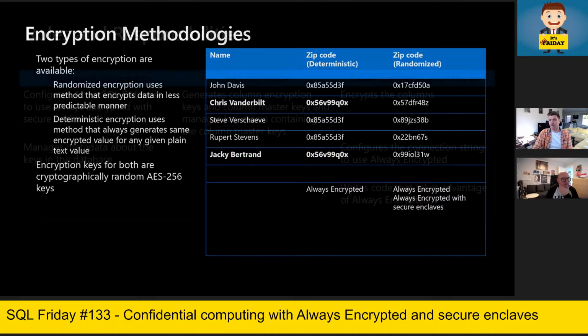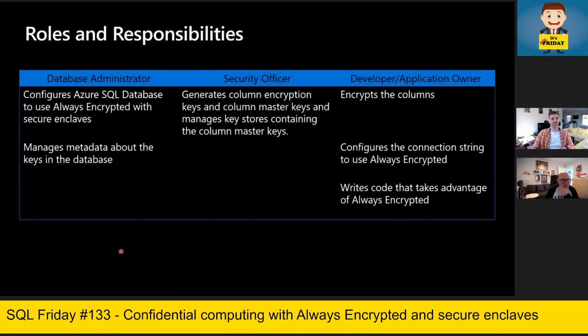A little bit more about roles and responsibilities. If you want to use Always Encrypted, you can configure it by one person, but then you need to really trust that specific person. What we recommend, especially in larger companies, is to have a role separation when you want to configure Always Encrypted. The roles are the following.